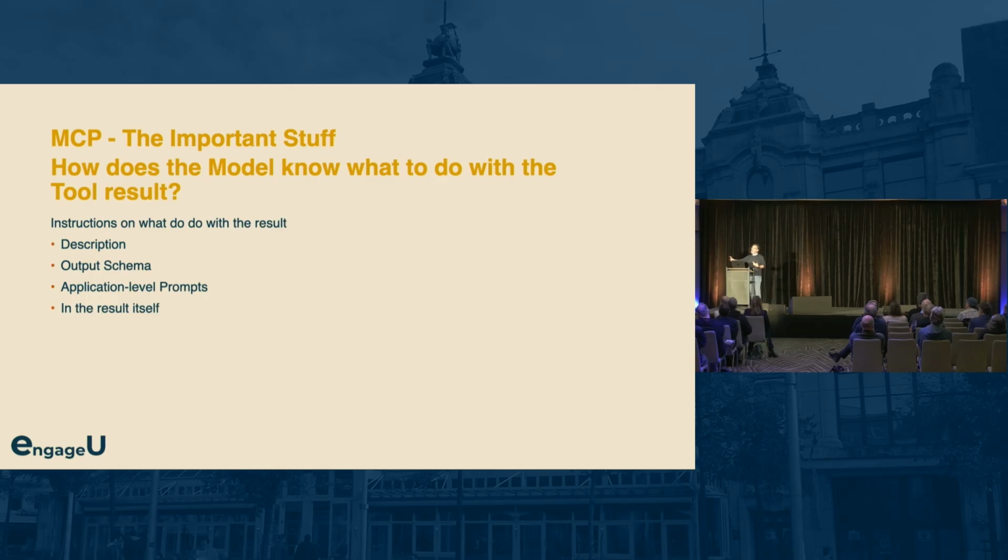You can also do that at the AI application level. You can create a prompt or an instruction that sits there, as long as it's specific to your AI application, saying whenever you receive invoice data, always use a table view. I'm making a simplistic example there. Or you can put it in the result itself, and I'll show you an example.